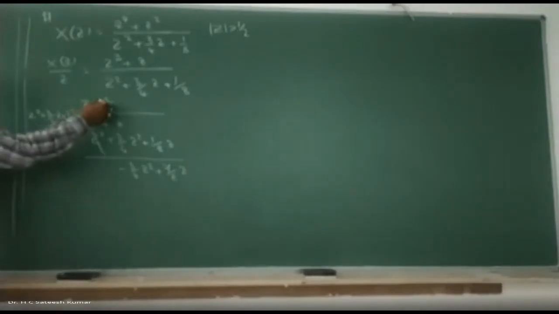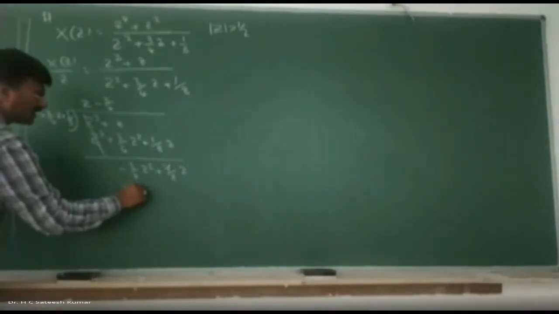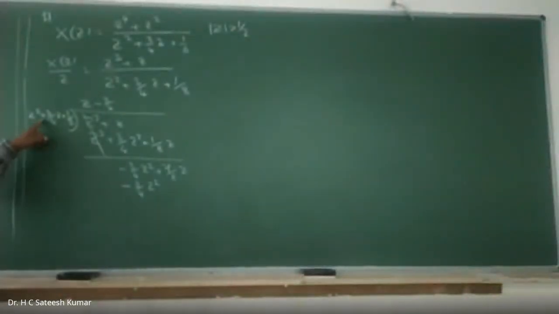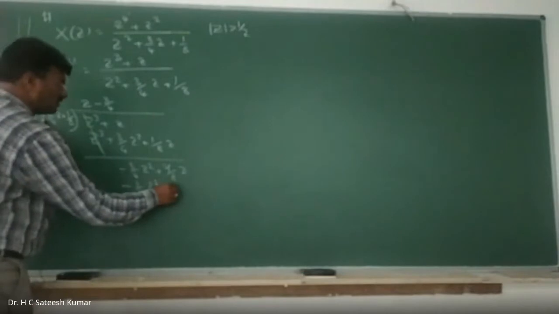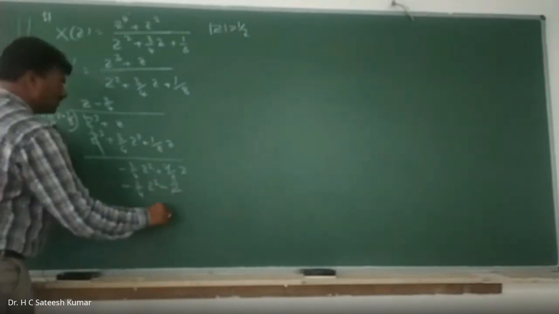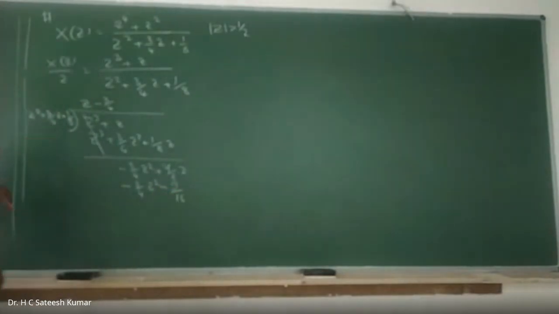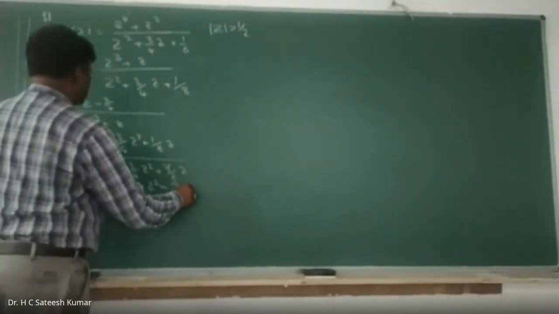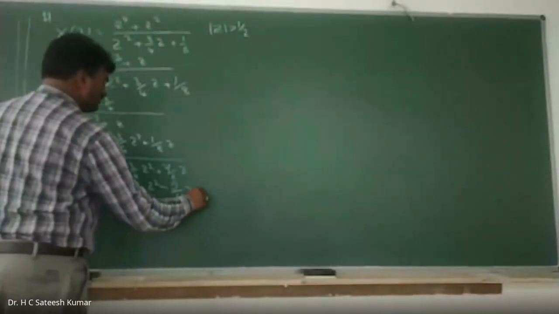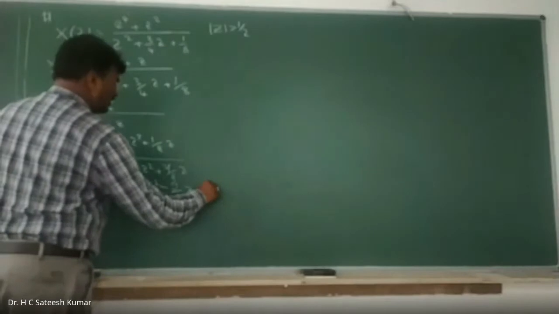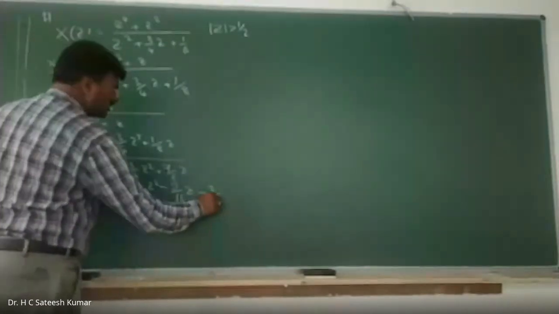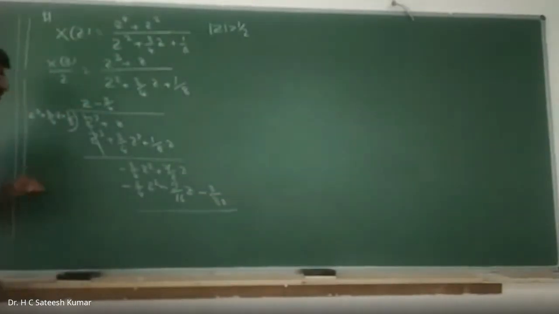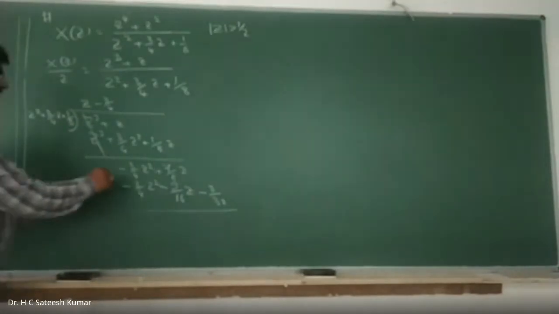So minus 3 by 4 into Z square is minus 3 by 4 Z square, and minus 3 by 4 into 3 by 4 Z is minus 9 by 16 Z, and minus 3 by 4 into 1 by 8 is minus 3 by 32. Subtract this one.